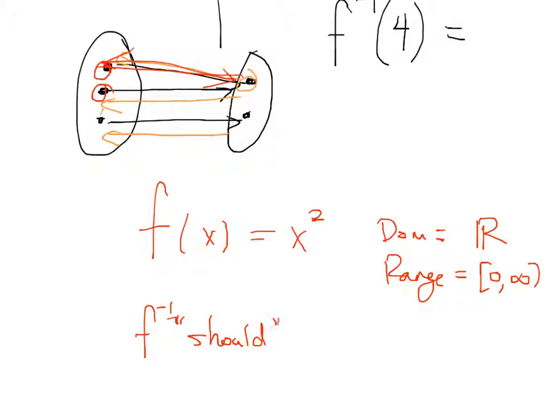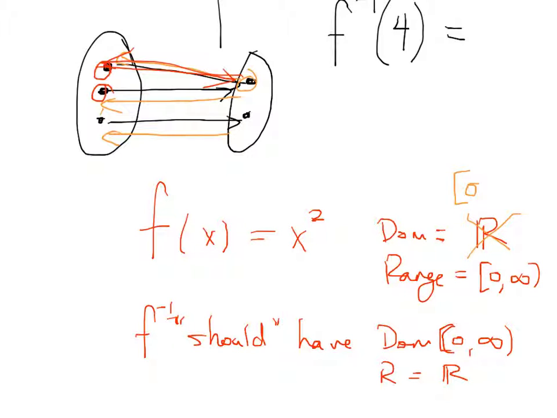It should have domain 0 to infinity, and range equal to R. But it doesn't work as a function. We have to go in and fix it by doing this. So we correct the situation by narrowing the domain.